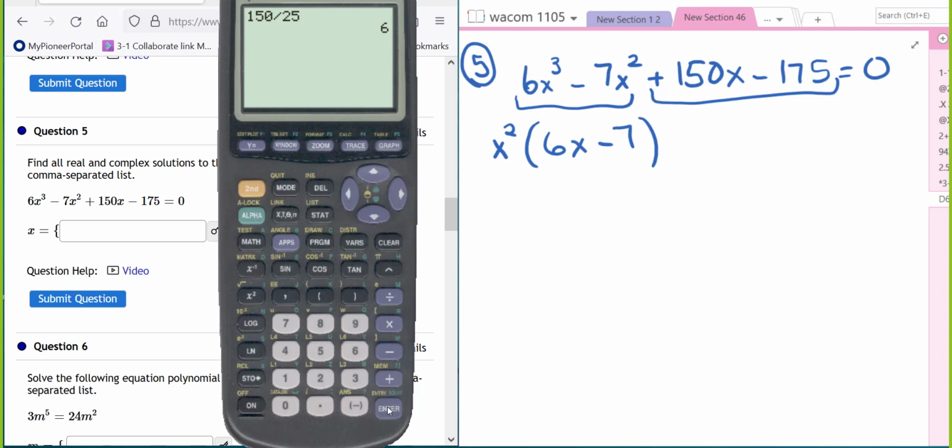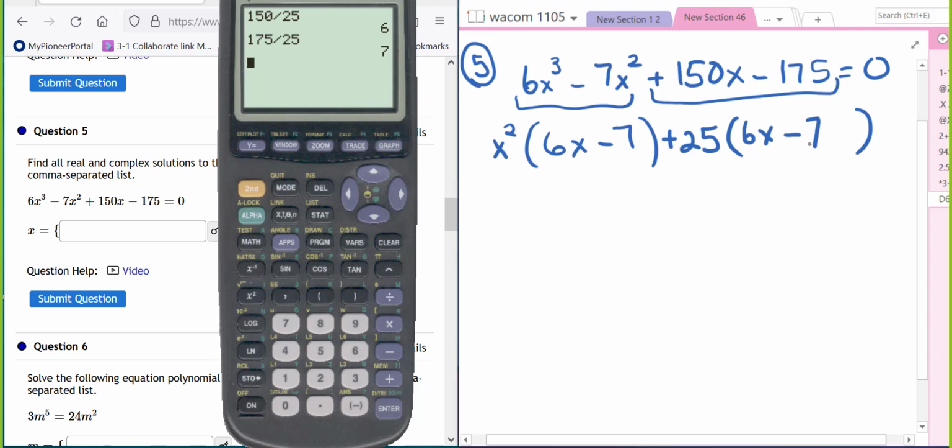So it goes 6, and it's going to go into the other one also. It'll go 7. So 25 is our common factor, and that leaves us 6x, and it will be minus, and it will go 7. So 175 divided by the 25 is 7. So we did get the factors that match.